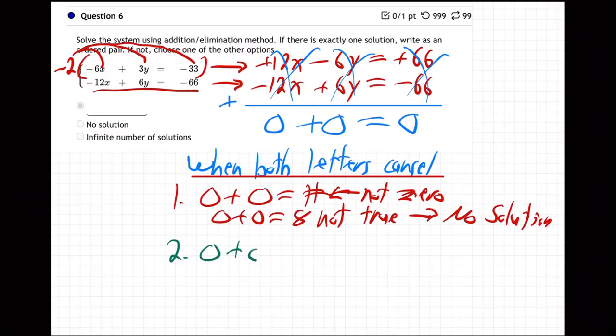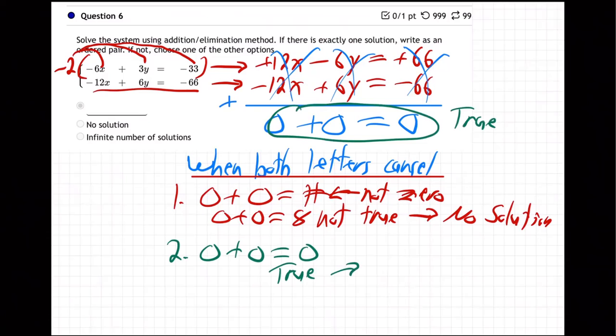The second possibility when both letters cancel is you get 0 plus 0 equals 0, which is true, right? So you're going to have answers. This 0 plus 0 does equal 0. It's a very simple truth, but it is true. So therefore you have the other case, infinite solutions.